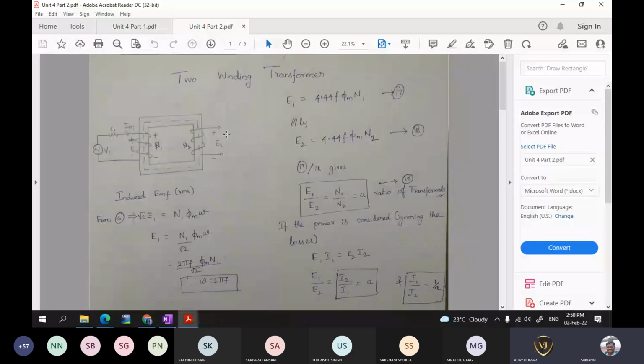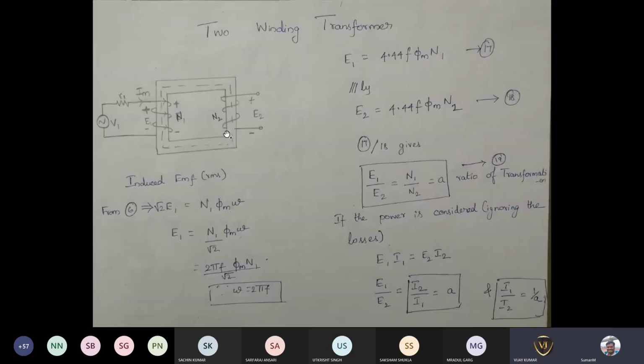Till now we were discussing only the single winding transformer. We have seen only the primary winding. Now we will be including the secondary winding also. We have already seen E1 as a voltage drop. If you are representing it as induced EMF instead of a voltage drop, then the voltage magnitude can be written as root 2 into E1, which is equal to N1 phi m into omega.